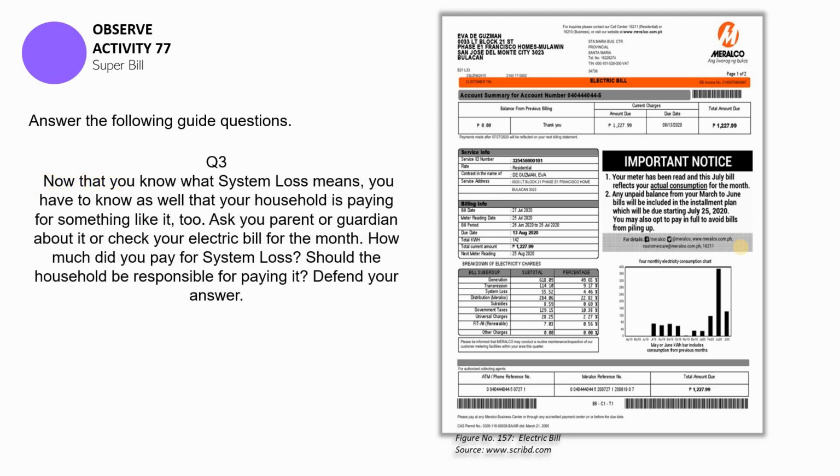Question number 3. Now that you know what system loss means, you have to know as well that your household is paying for something like it too. Ask your parent or guardian about it, or check your electric bill for the month. How much did you pay for system loss? Should the household be responsible for paying it? Defend your answer. The correct answer is actually anything that may come up, for as long as your response makes sense.